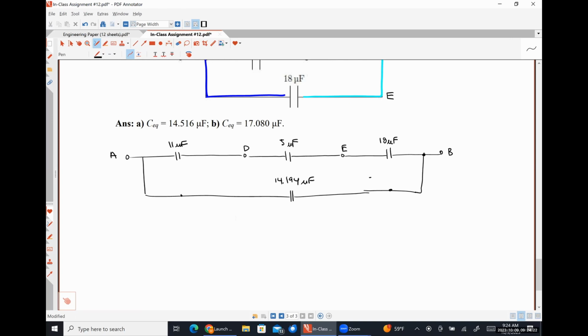Take the reciprocal of that whole thing: 990 over 343 microfarads.